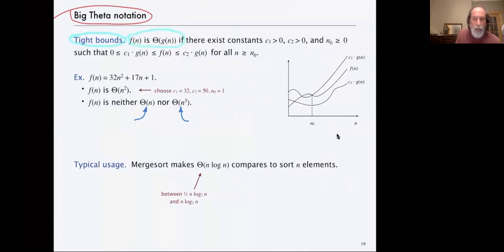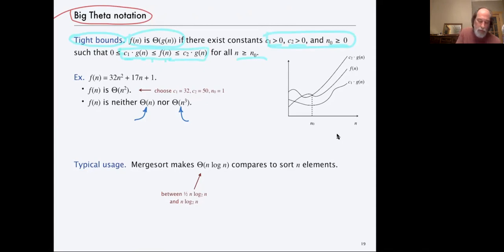So f of n is big theta of g of n if there are three constants, C1, C2, and N naught, all positive, such that C1 times g of n is less than or equal to f of n, which is less than or equal to C2 times g of n, whenever n is at least N naught.